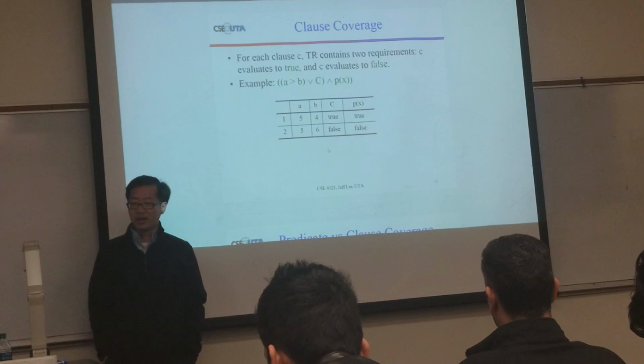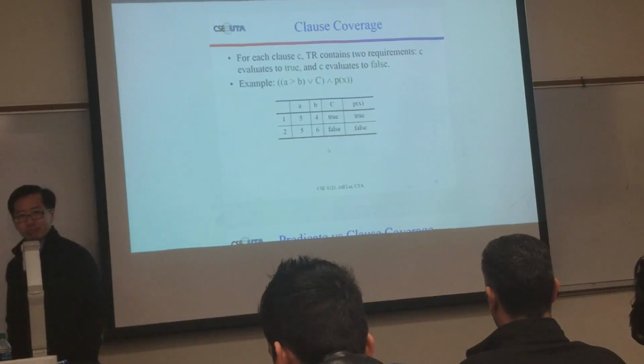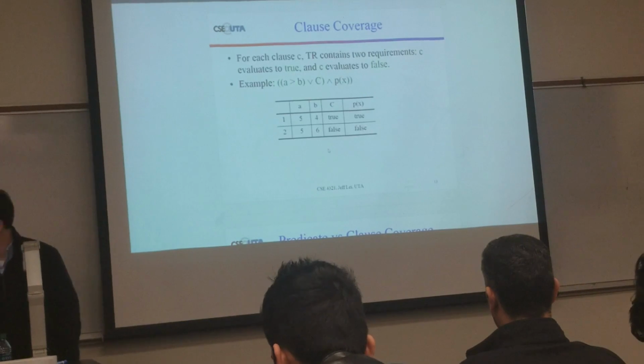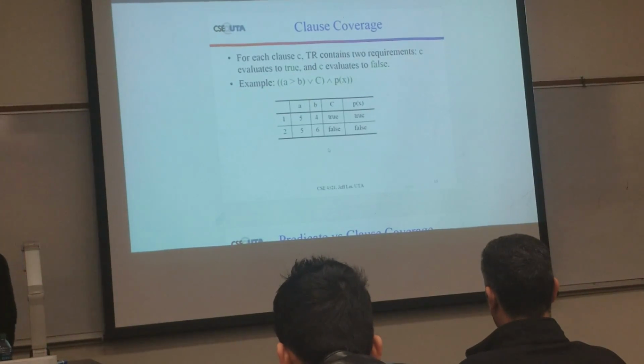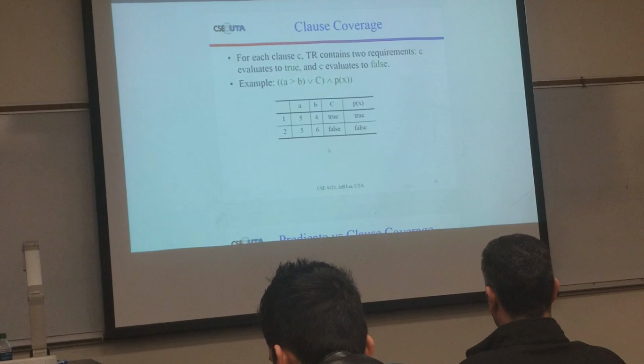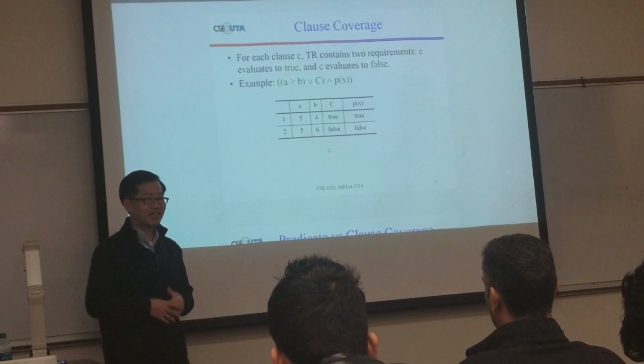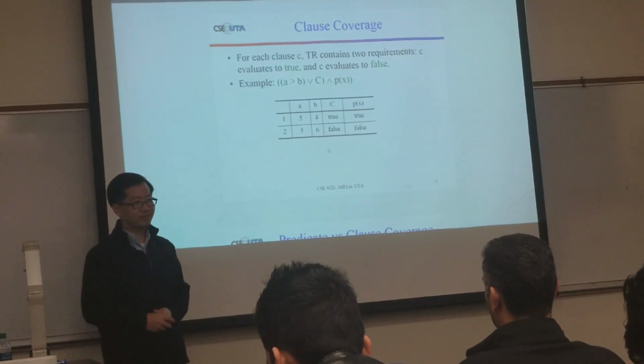Instead of requiring every predicate to be tested true and false, we want to make sure that every class is tested true and false. What do you feel? Would that be better? Would that be stronger than predicate coverage?